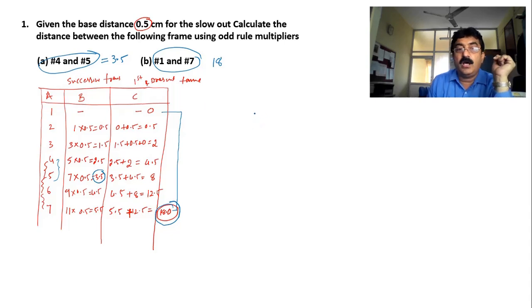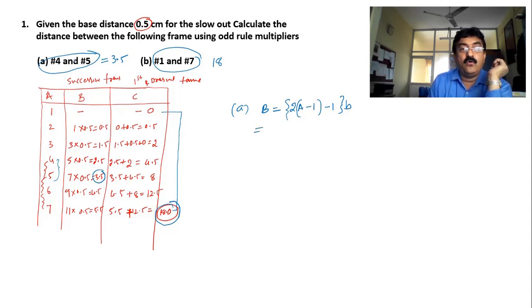From the formula, how to find out? For question number A, I want B. B is equal to, please recall, (2A minus 1) multiplied by the base distance. Now sir, what is A here?